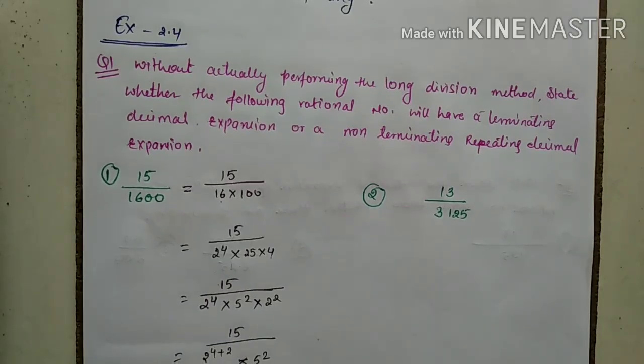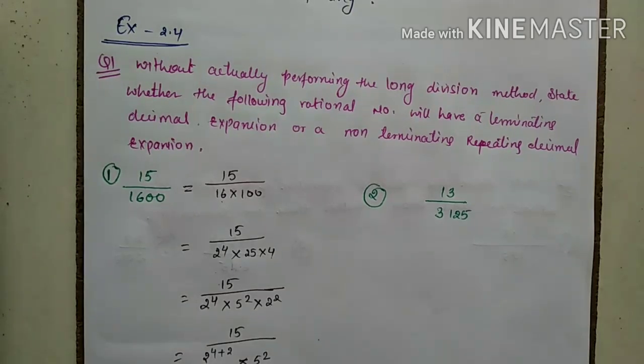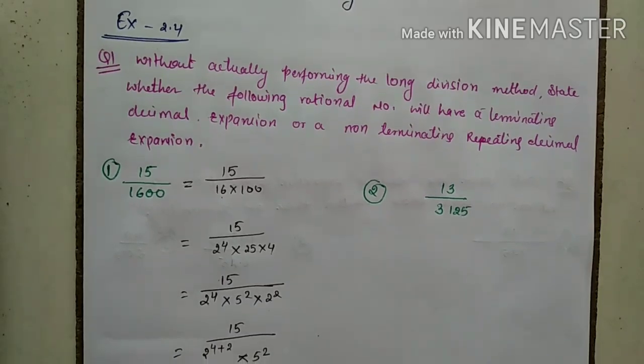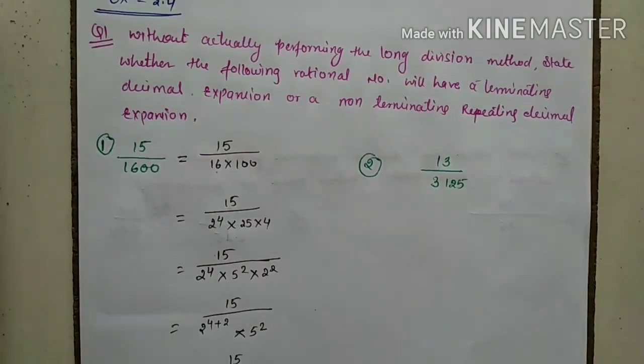Now you can see this. 2 to the power 6 and 5 to the power 2 I am getting here, and it is in the form of what? 15 by 2 to the power m into 5 to the power n. Correct or not? Yes. So what will you write here?